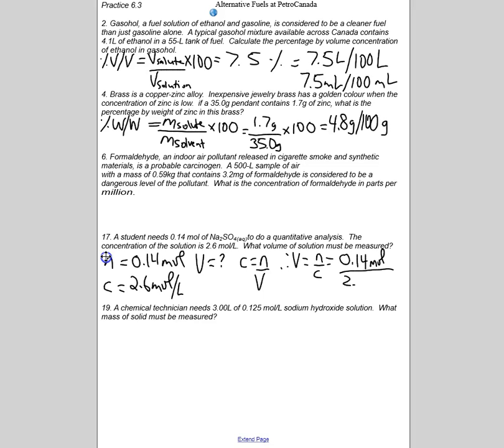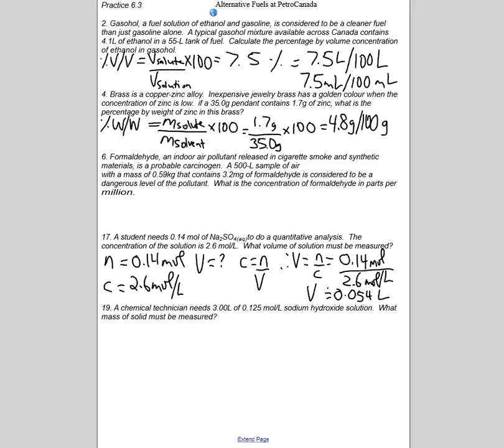So the number of liters that we're going to need here is going to be much less than 1. And your answer for this practice question number 17, you'll find on page 288, ends up being 0.054 liters, approximately, to 2 significant digits.